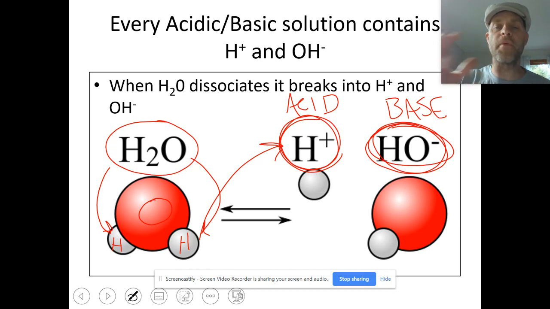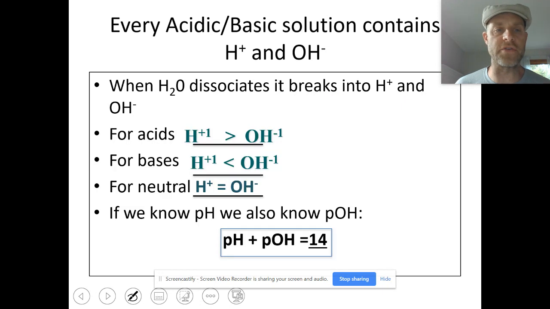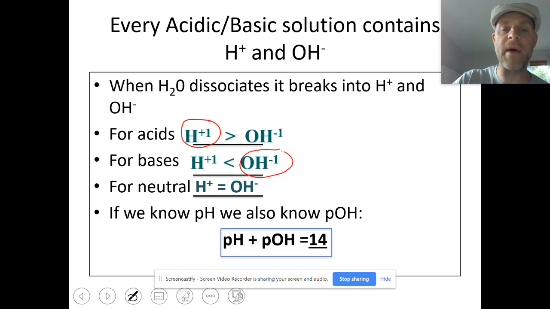Okay, so when water breaks up, when it dissociates, half of it becomes H plus, half of it becomes OH minus, but it doesn't affect the acidity or the basicity or alkalinity of that solution. Okay, so check this out. If you have an acid, what does that mean? That means you actually have more H pluses than you have OHs. Now, if you have a base, it's flipped. You have more OH minuses than you have H pluses. And again, things like water that are neutral, they're equal.